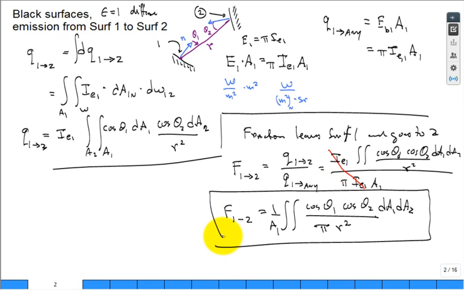Believe me, first time you see the derivation, you're probably bewildered and overwhelmed. Hopefully not too much right now. But this is what I will say is a mathematical description of the view factor. All right? It's a double area integral. This is the physical. Don't lose sight of the physical.